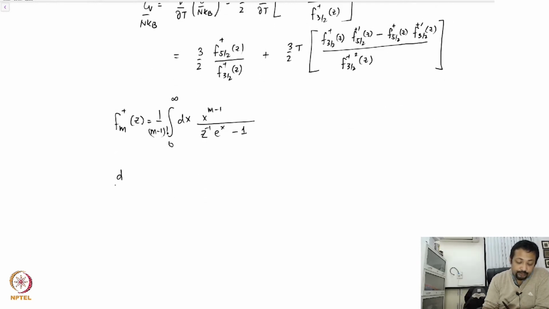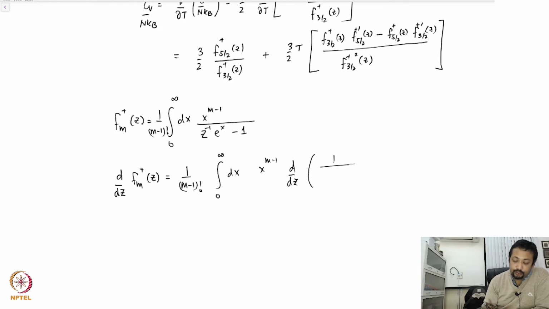So now if I take a derivative with respect to Z, this means F_m plus of Z is 1 over (m minus 1) factorial, integral 0 to infinity dx x to the power m minus 1, d/dZ of 1 over Z inverse e to the power x minus 1.